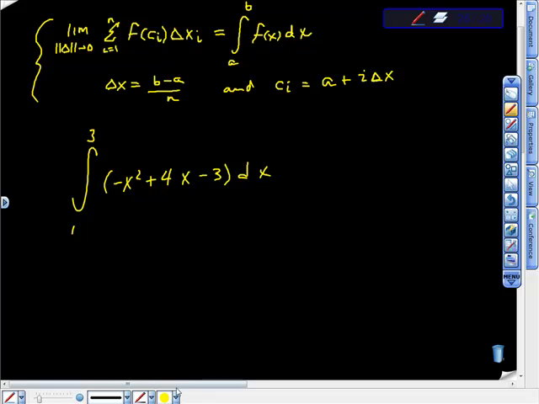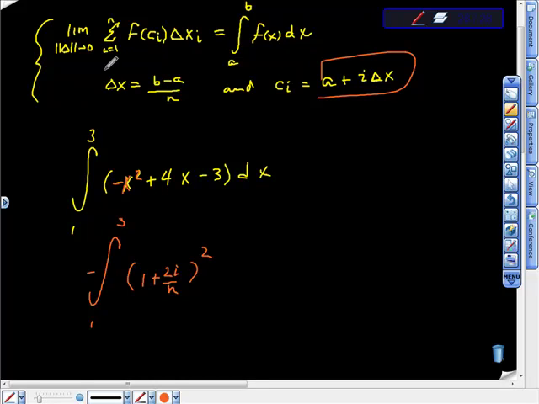What I'm trying to convince you of is that this is this. So I'm going to calculate this out, and using the same steps that you would, I'll get 1 plus 2i over n, and then 3 minus 1 is 2, so times 2 over n.